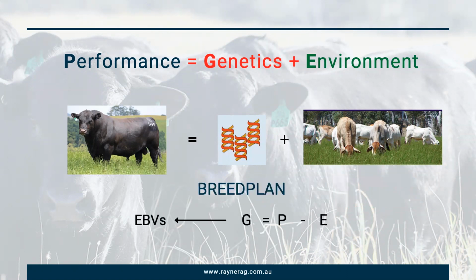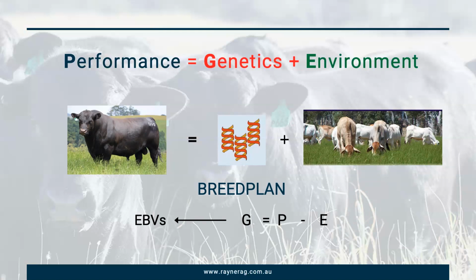And EBVs are part of that in terms of estimating the potential breeding value of what that animal will contribute to your herd. And so if we look at that picture again, in terms of performance, or phenotype, equals genetics plus environment, within Breedplan our generation of an EBV is really, we're trying to look at the equation which is performance less the environmental impact.